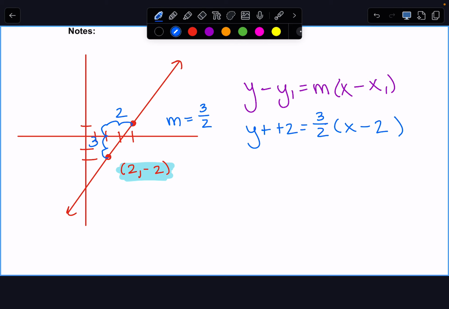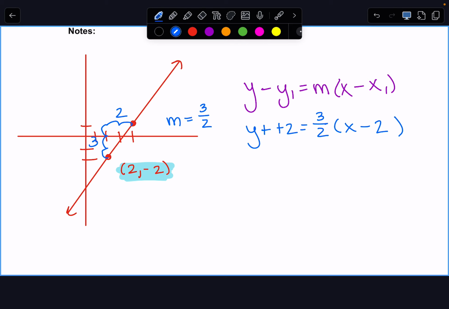Now, we recognize our linear equations when they are in slope-intercept form. So what are we going to need to do to turn this into y equals mx plus b? There's 2 steps we got to do.